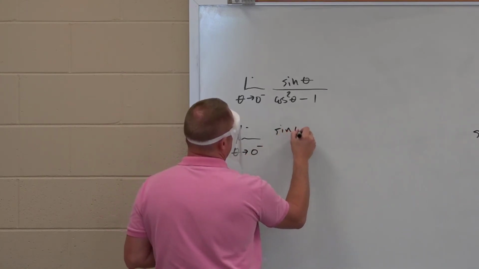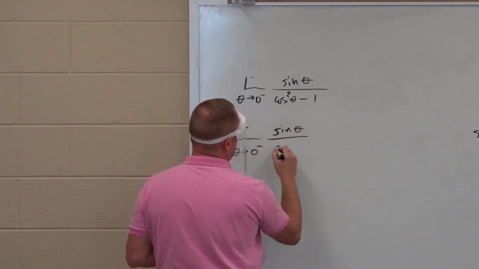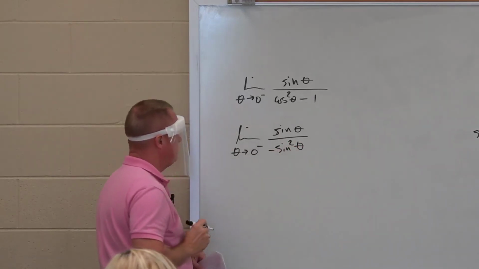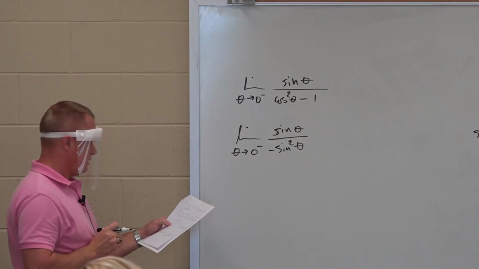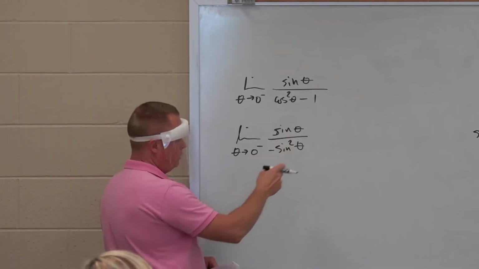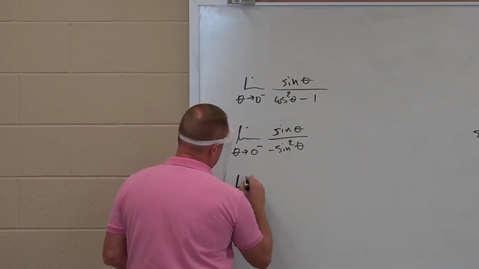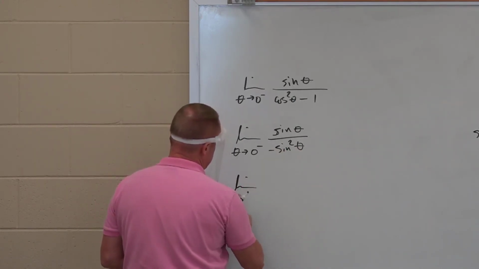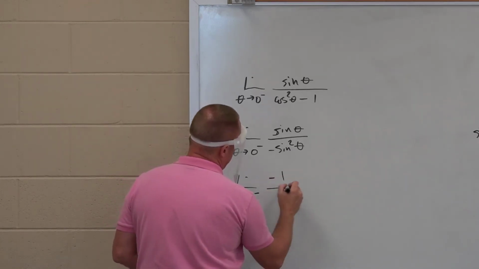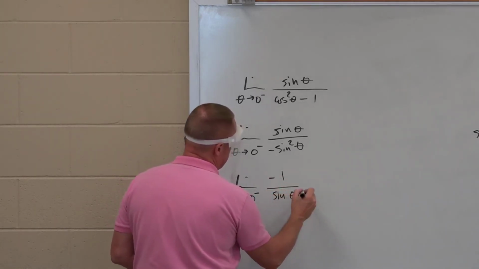I get sine theta over sine squared theta, negative sine squared theta. All right. So I can cancel a sine out with one of them on the bottom. Limit as theta approaches 0 from the left of negative 1 over sine theta.